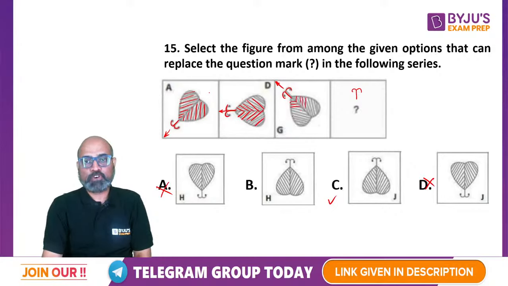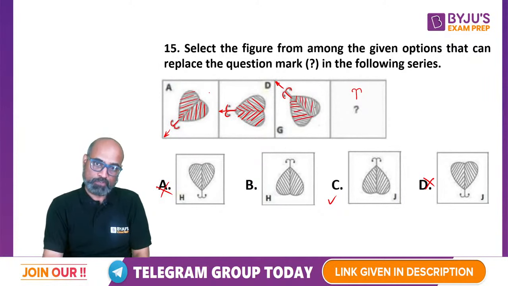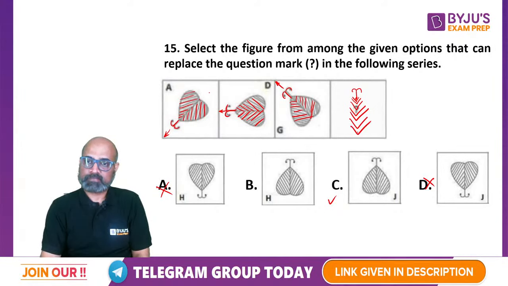In other words, if you compare with respect to the fish hook, you will find that a lot of V's are written. So if we have a fish hook over here, we need to have a lot of V's written. It is there in both options Bravo and Charlie.